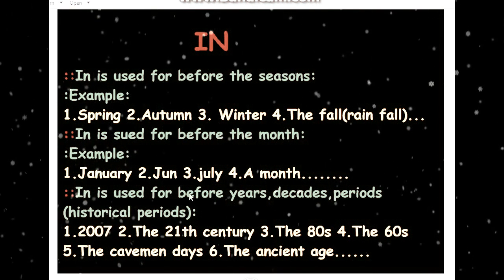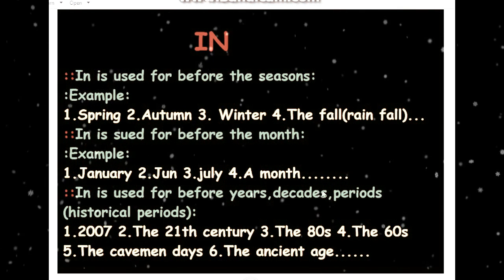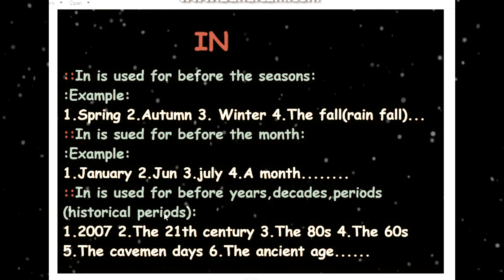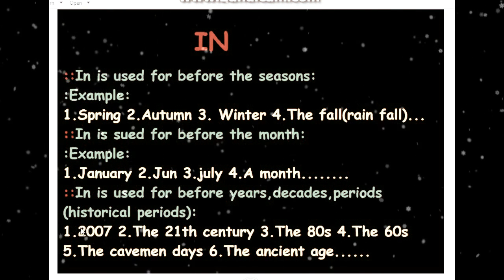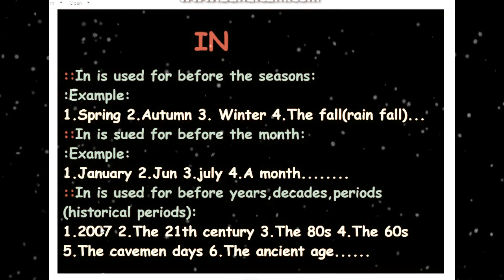And in is used before years, decades, periods or historical periods. Example, in 2007, it is a year.